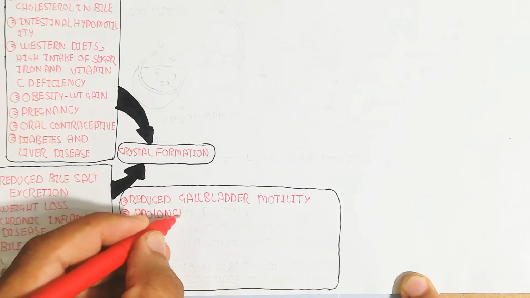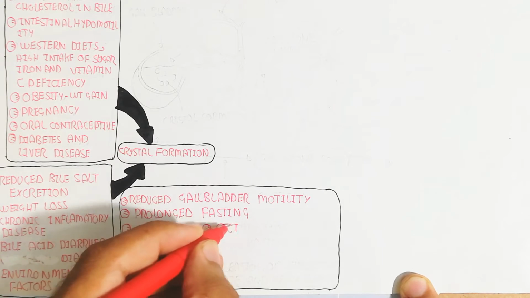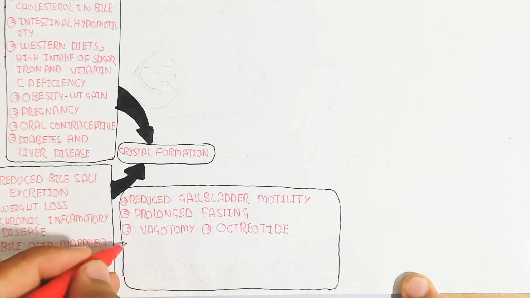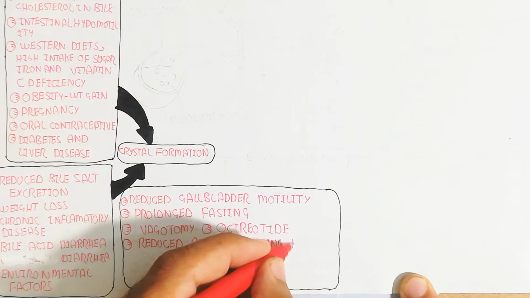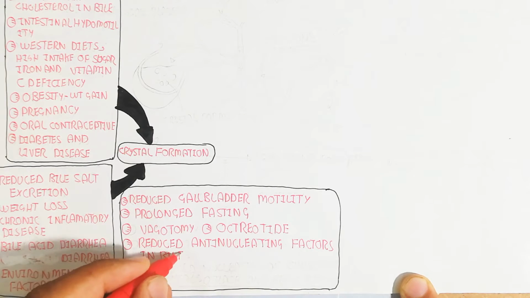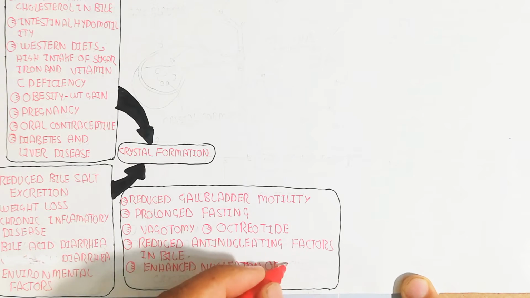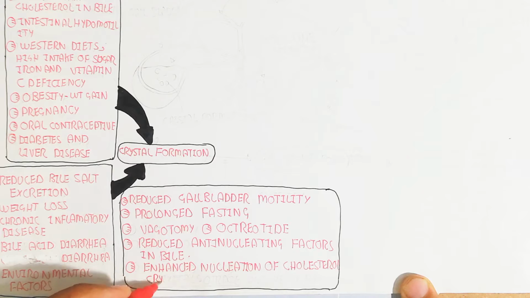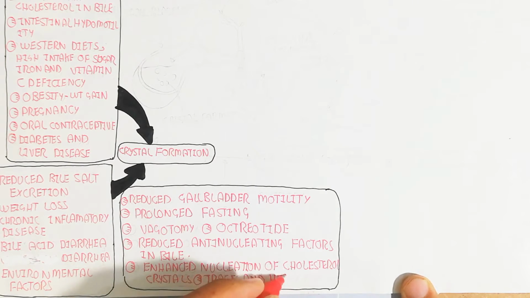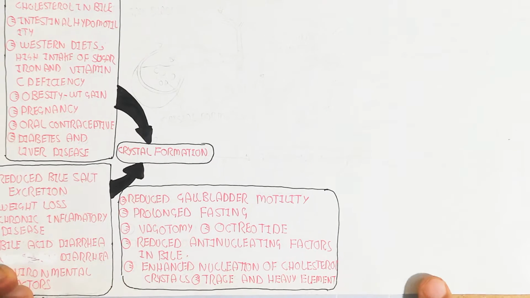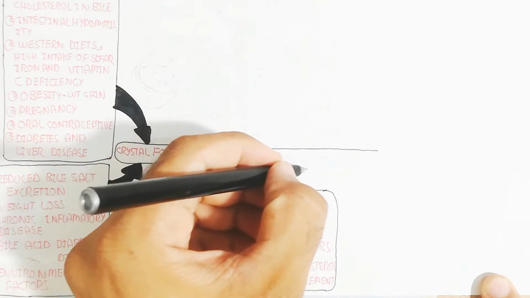On the other hand, prolonged fasting, which also occurs due to ketoacidosis and other problems, and cholesterol will be excreted due to hypercholesterolemia, and vagotomy, octreotide, reduced anti-nucleating factors in bile, and enhanced nucleation of cholesterol crystals, and trace and heavy elements, will trigger crystal formation and its conversion into gallstones.